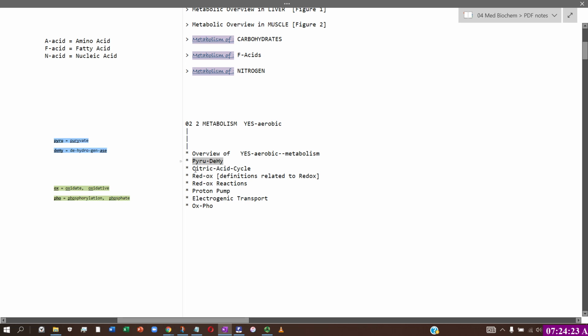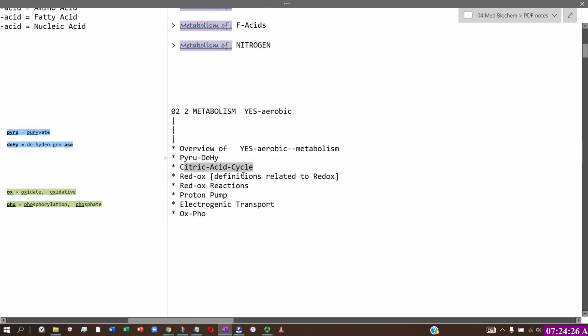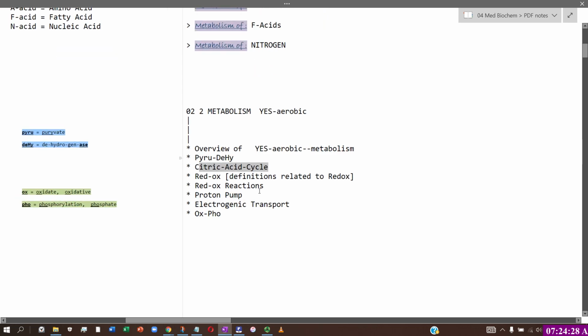Next we have the citric acid cycle, followed by redox, and the subtopic called definitions related to redox. And then we have redox reaction. This is something I definitely am rusty on, and I'll be brushing up on this for sure.